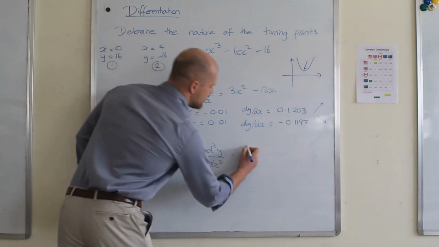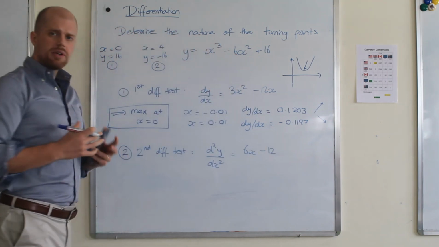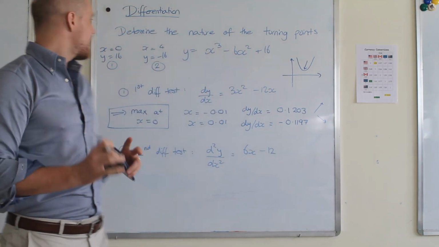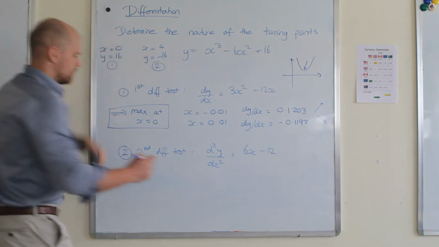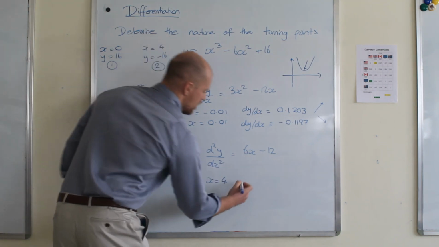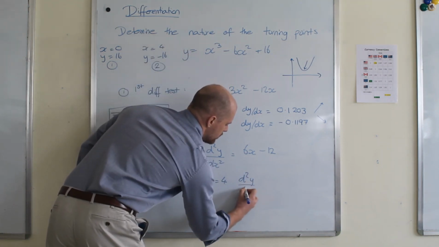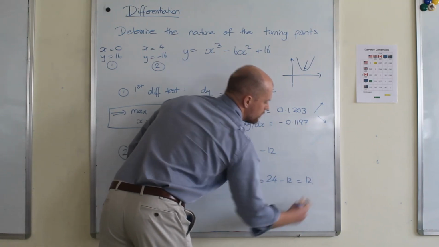Differentiate that, you get 6x minus 12. Now what I'm going to do is substitute in the value itself, x equals 4. So at x equals 4, I get 24, take away 12, which is 12.